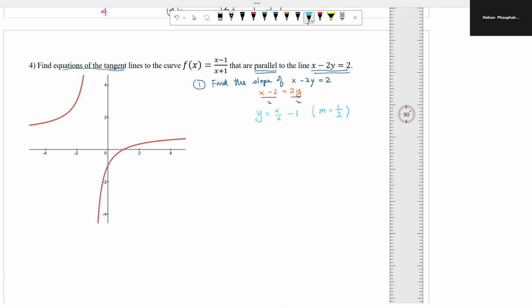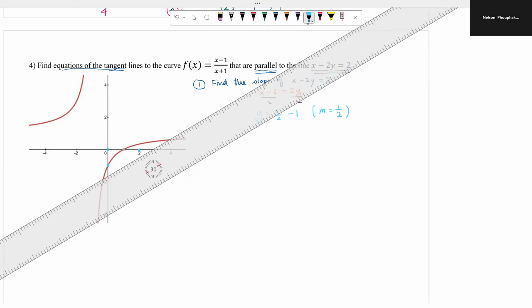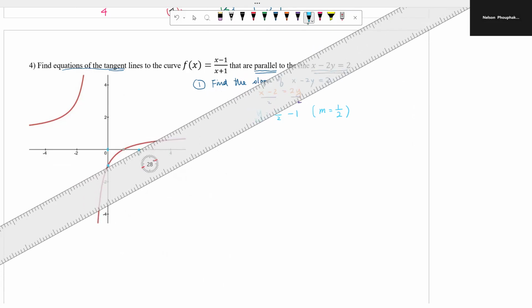Since I have this, why don't I sketch the function to see what is going on? So to this line right here, I have the y-intercept is negative 1, and the slope is 1/2. So we go up by 1 unit and then 1 by 2. So this is my next point.